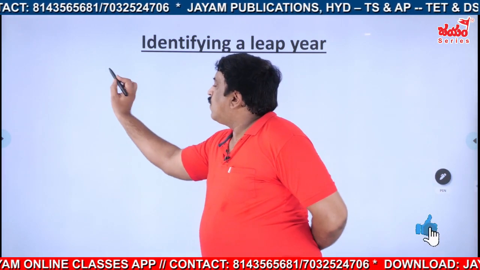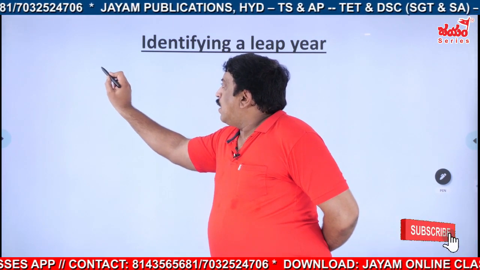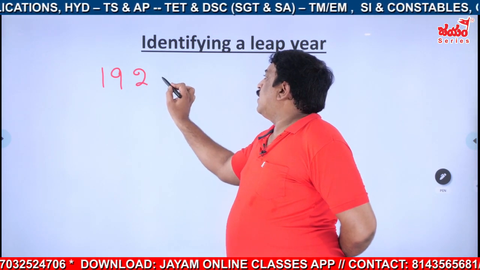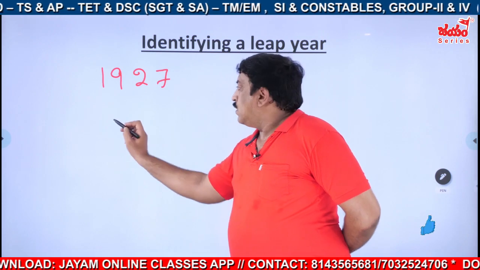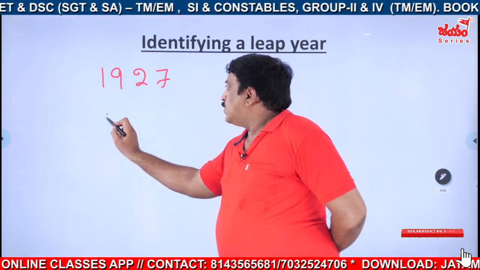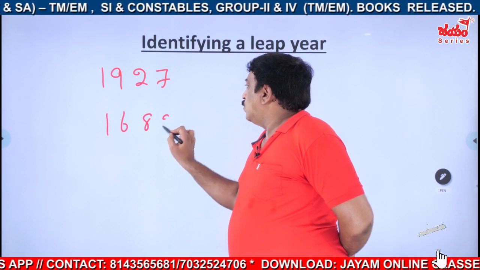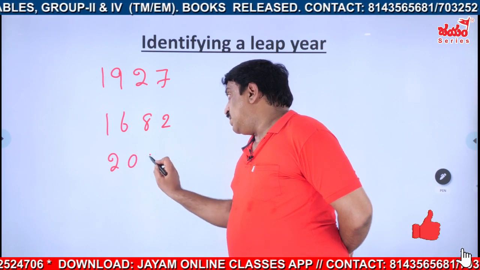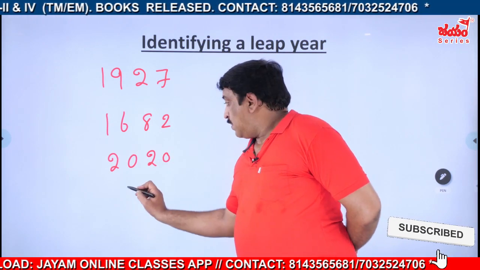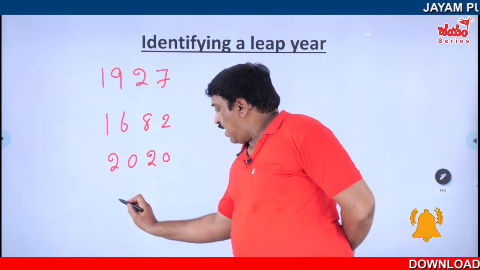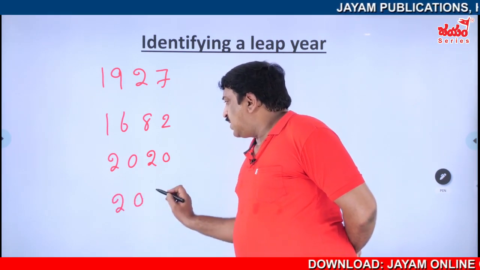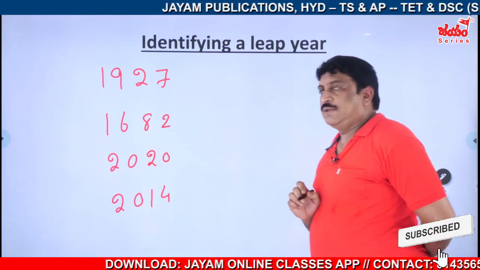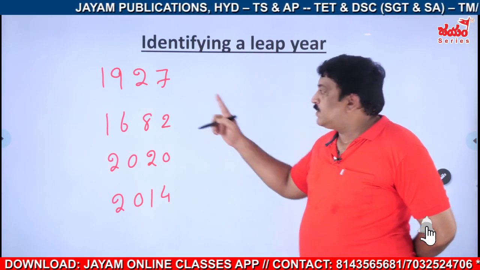So first of all, 1927, 1682, then 2020, already we have discussed this one, and 2014, right? Let us see this one.